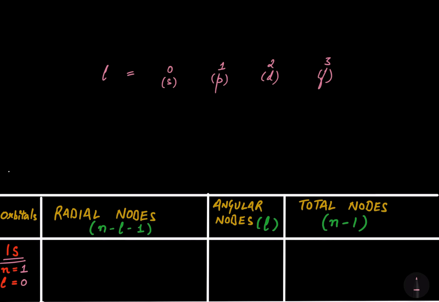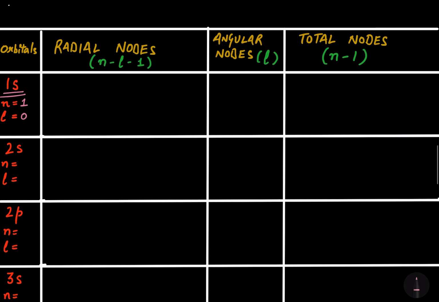So in case of 1s, my n is equal to 1 and l is equal to 0. So the radial nodes will be equal to, what's the value of n? Is 1. What's the value of l? It's 0. And it's minus 1. So it comes out to be 0. So in case of 1s, there is not any radial node.